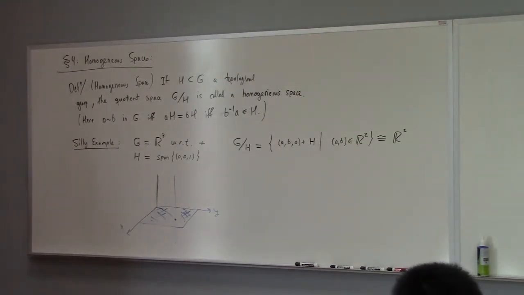So you said it gives us a transitive group action. Transitive G action on the quotient, huh? So what would that look like here?